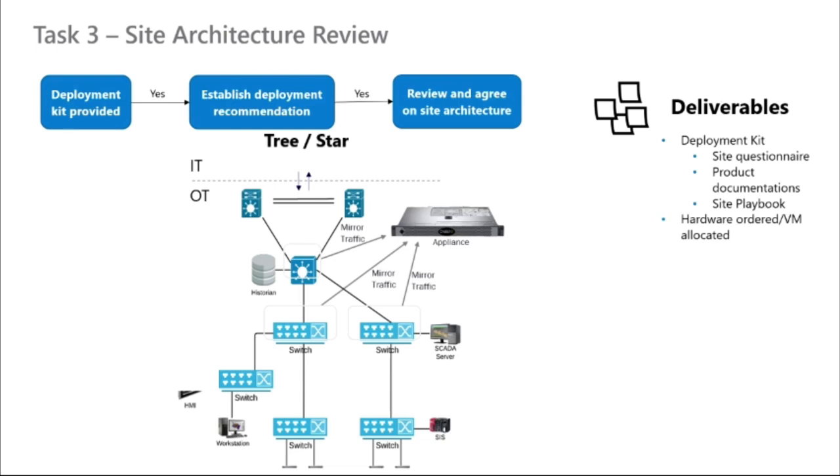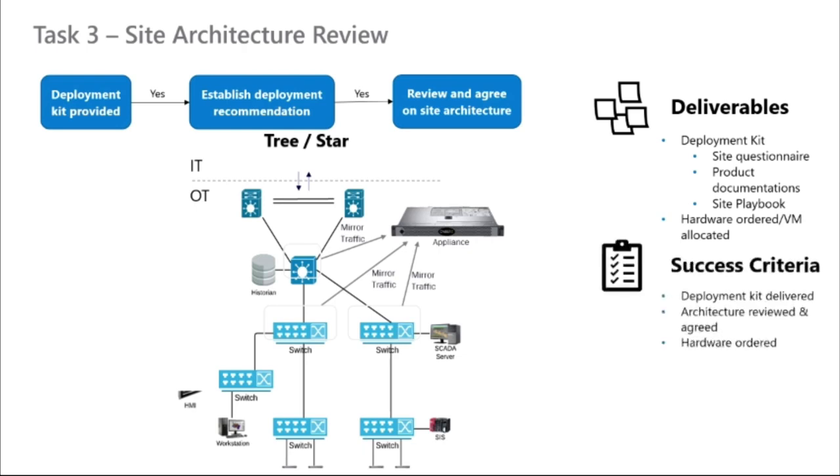And also to deliver out of it a list of what kind of hardware or VM is required in order to support the deployment. The success criteria, of course, is a deployment kit which is available to us, and we have reviewed the architecture and made our recommendations.